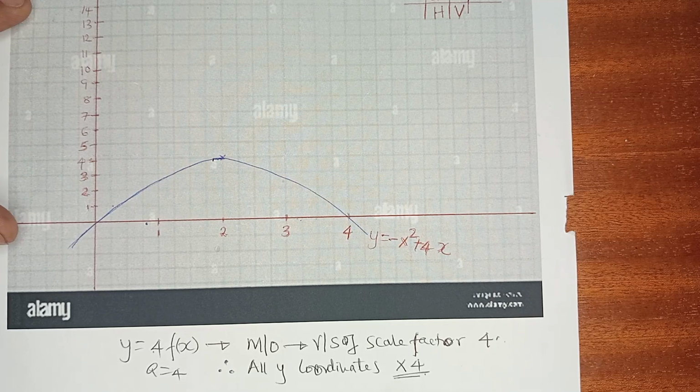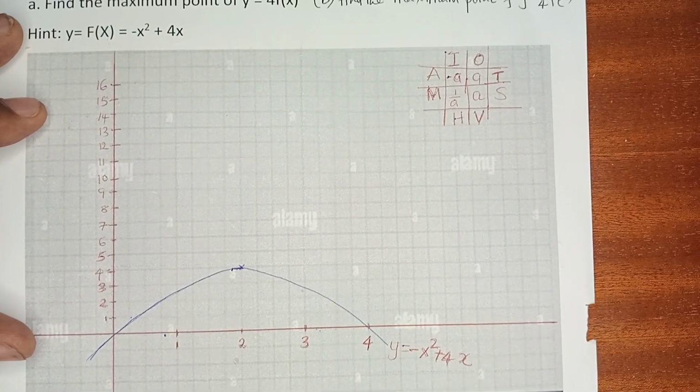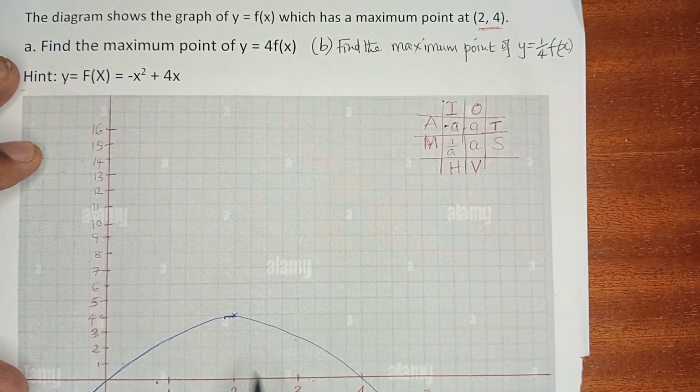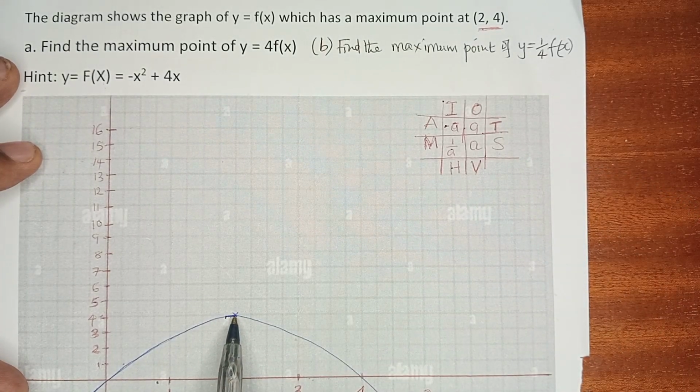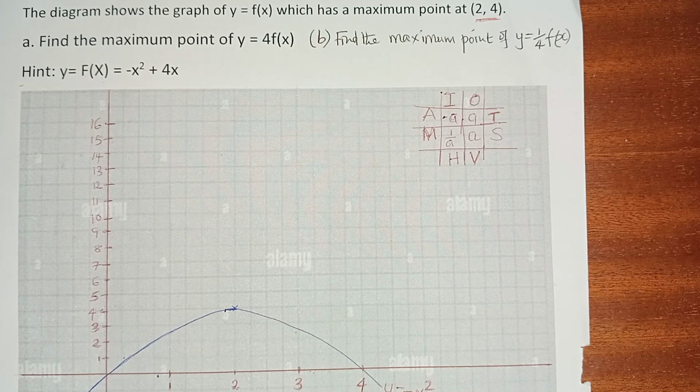The reason we highlighted that the point (2, 4) is the maximum point of the given curve is that it is the only point we are supposed to consider when doing transformations. Here y is 0, and 0 times 4 remains 0.